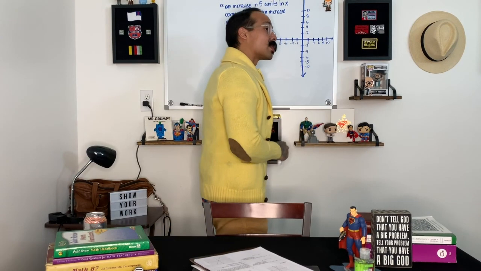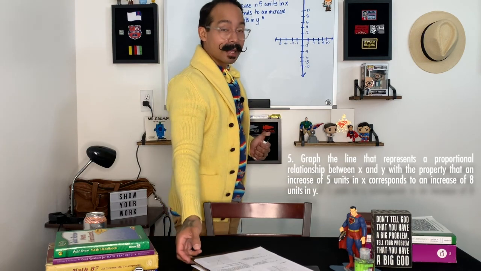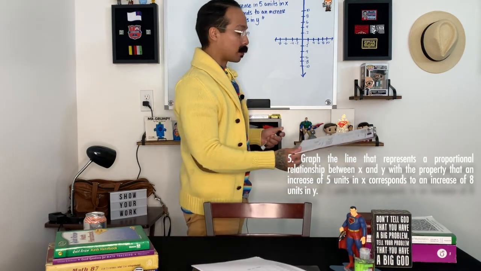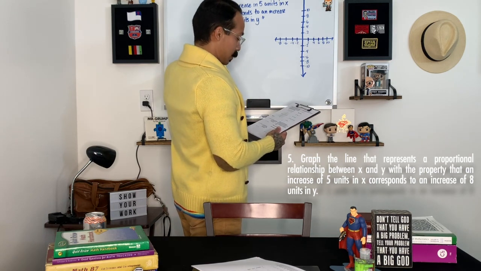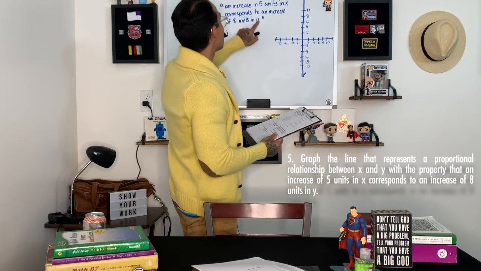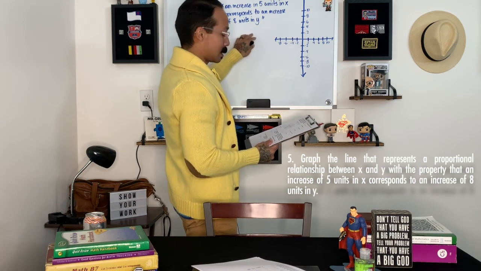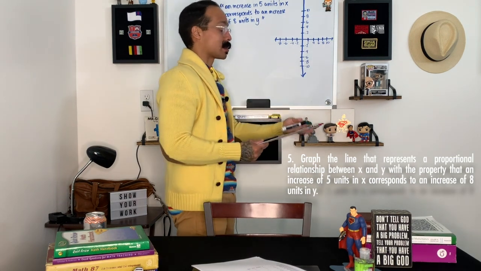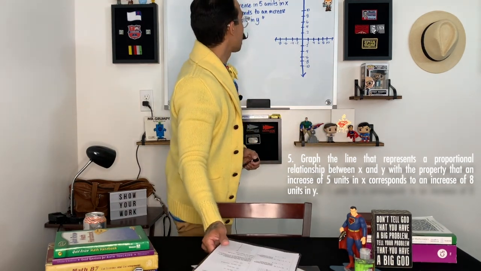For our final question, we're asked to graph the line that represents a proportional relationship between x and y with the property that an increase in 5 units in x corresponds to an increase of 8 units in y. And we're asked for the unit rate.